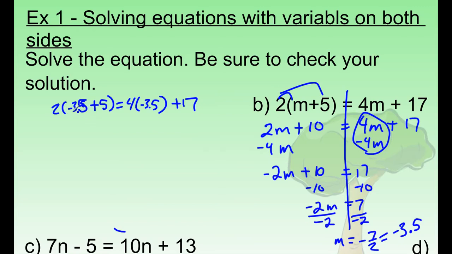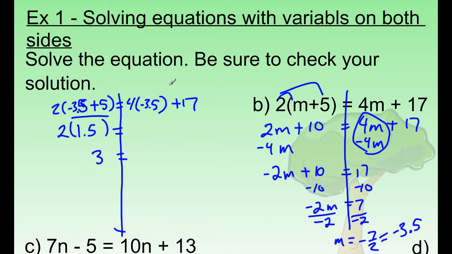Alright, so let's see. Negative 3.5 plus 5 gives me 1.5. And 1.5 times 2 is equal to 3. So this side is equal to 3.